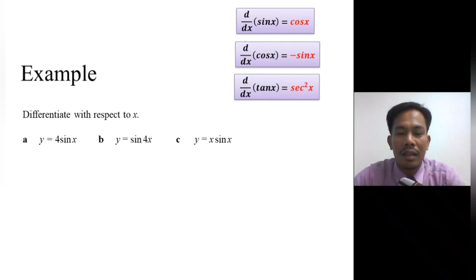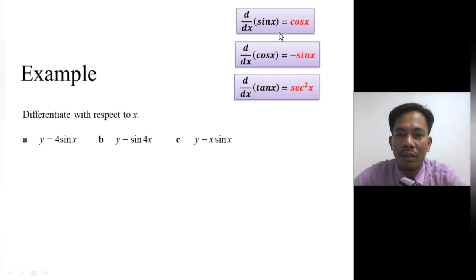Remember, I said in the previous video that the derivative of sine x is cosine x, the derivative of cosine x is negative sine x, and the derivative of tangent x is secant squared x. So if we are trying to differentiate problems like A, B, and C over here, then we will just be using these three concepts.